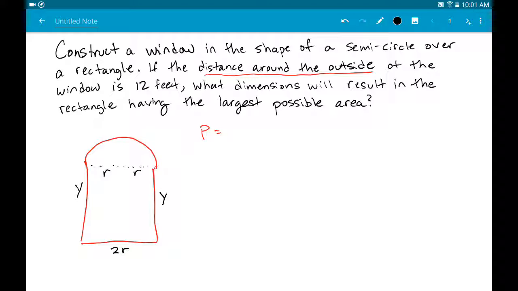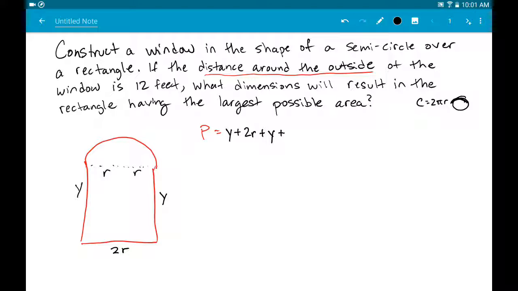So the perimeter, according to my diagram, is going to be y plus 2r plus y, going around this part. And then I need half of the perimeter of a circle. The circumference of a circle is 2 pi r, that's for a whole circle, and I just need half of that.